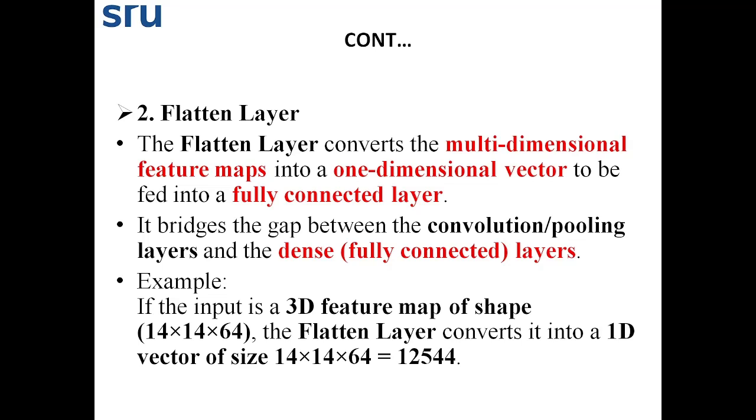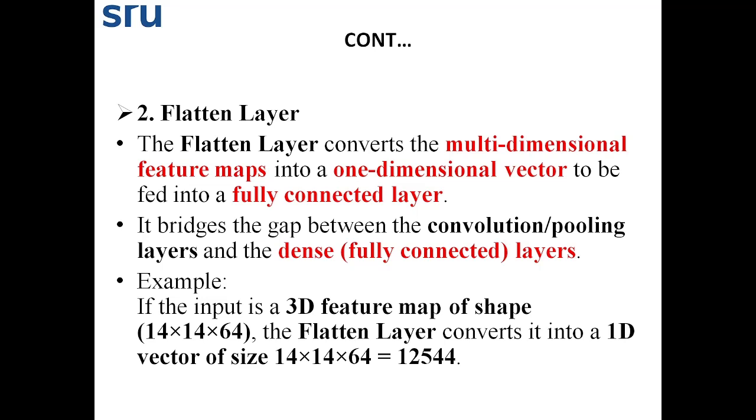Flatten layers. This layer converts the multi-dimensional feature map into a one-dimensional vector because we have to feed this to a fully connected layer.